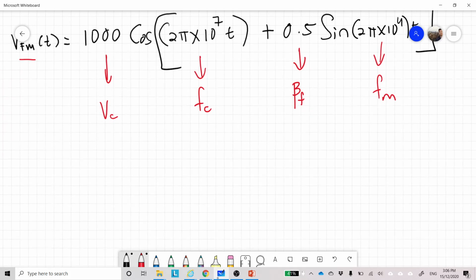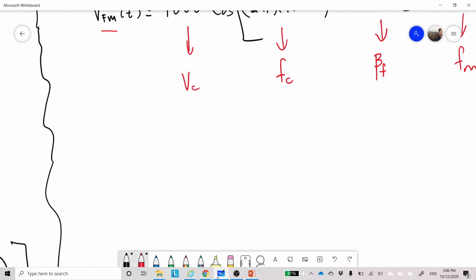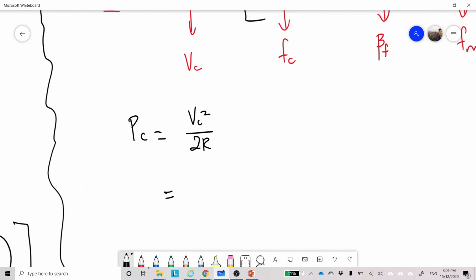Okay, so the first question asks about PC. So PC is equal to VC square divide with 2R. R is given as 50 ohm. Okay, so therefore here is 1000. So 1000 square divide with 2 times 50.